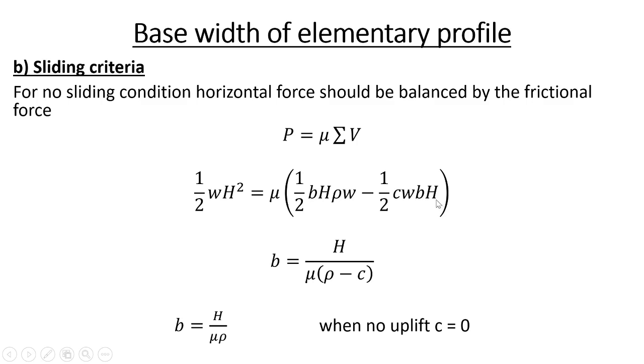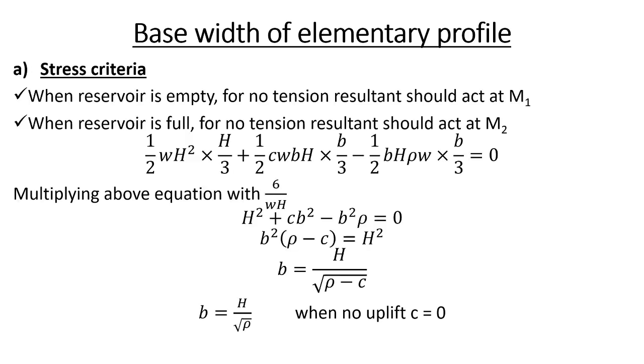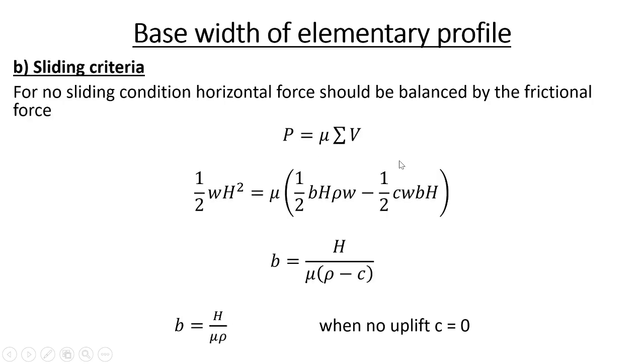That is not the same as for the stability analysis problem, where we put clockwise as positive and anti-clockwise as negative. Here the downward force is taken as positive, upward force is taken as negative. So sigma of V means it is by considering self-weight and uplift pressure force.